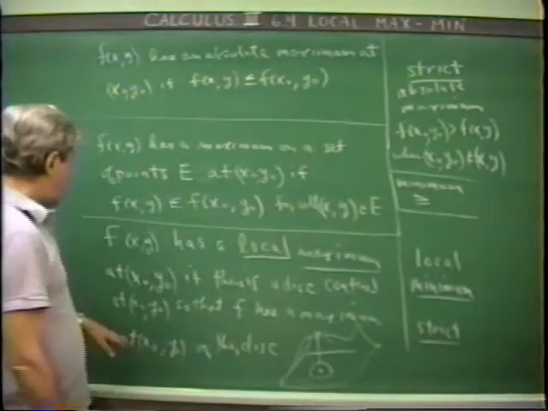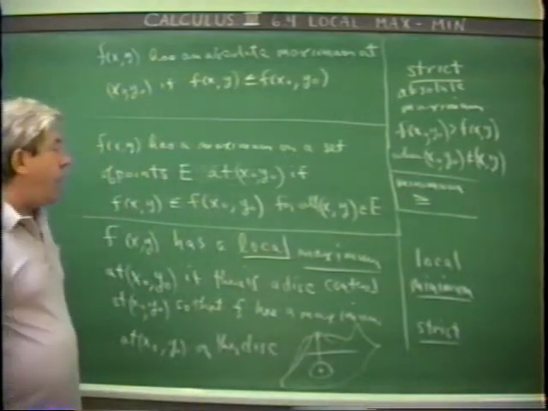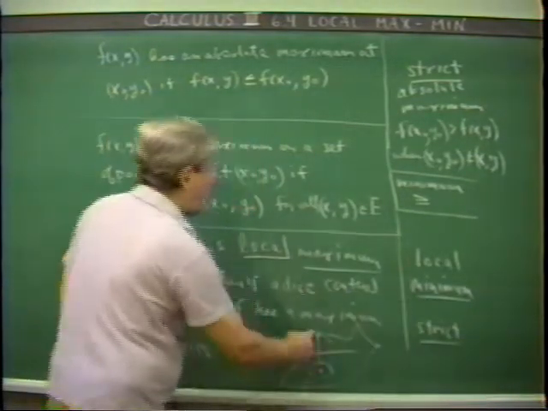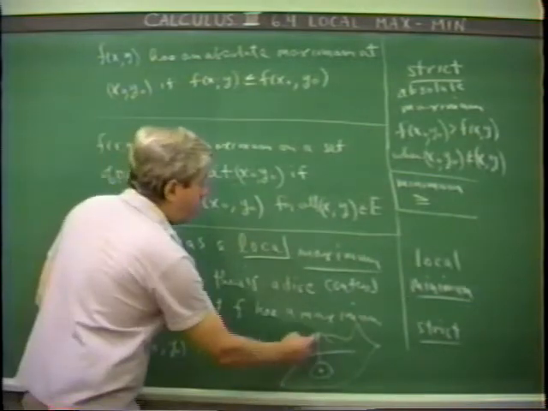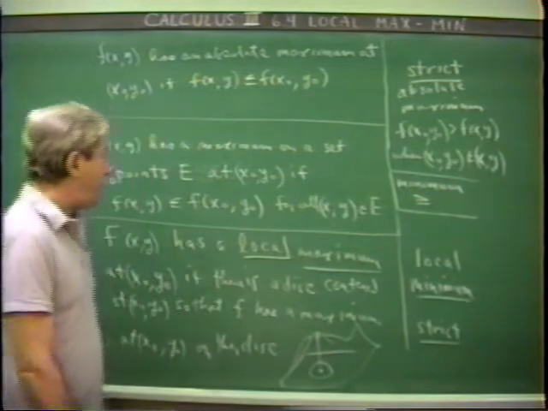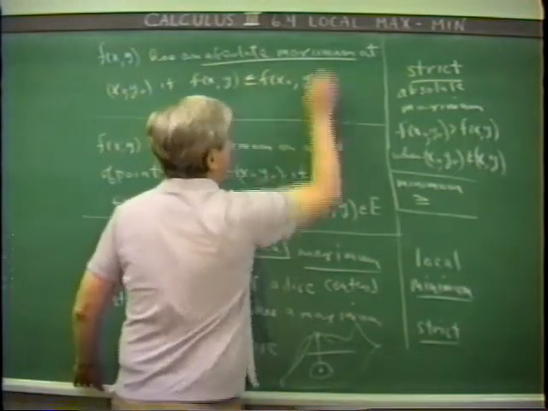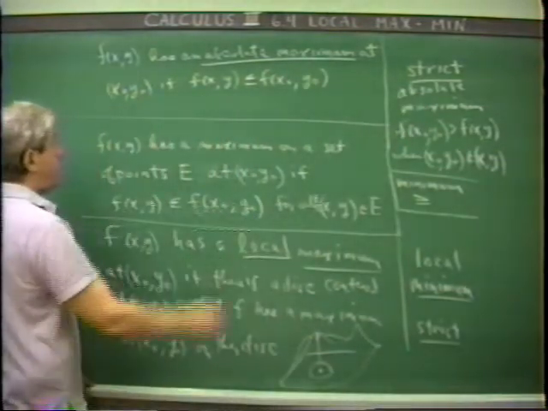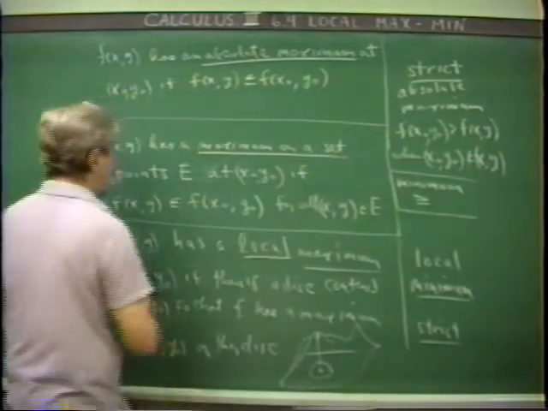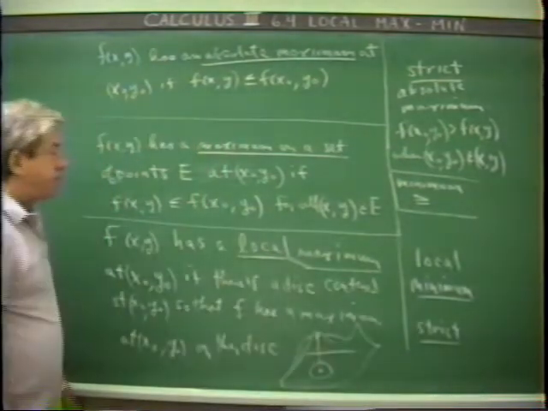We can also talk about local minimum, which means that it has its minimum on this disk, and we can talk about strict local minimum if it has its minimum on the disk, and no other point has a function value equal to it on the disk. So here are some definitions: absolute maximum, and of course absolute minimum, the maximum on a set, and a local maximum.